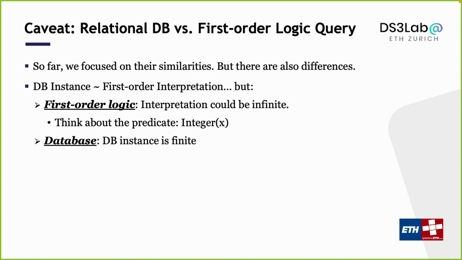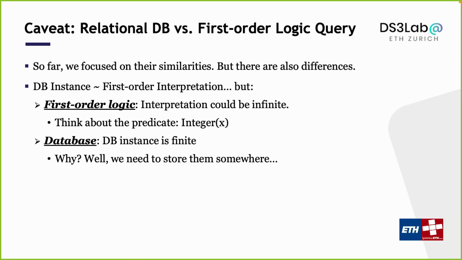Why does a database instance need to be finite? Because I need to store it somewhere. I cannot put an infinite number of things on my hard drive. It needs to be there, right? So this is a fundamental difference. When we talk about first-order logic, we always think about a potentially infinite interpretation of your predicates.